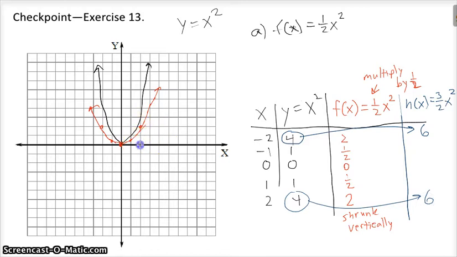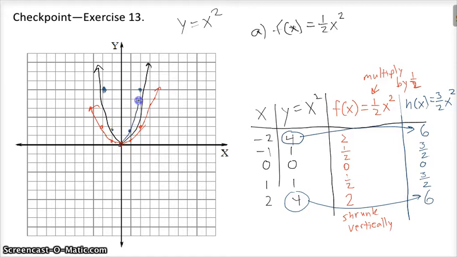So at 2, it's going to go all the way up to 6, as it is with negative 2. And I'm going to do the exact same thing with 1 and negative 1. I'm going to times those both by 3 halves, and I get 3 halves. And lastly, I times this 0 coordinate for y by 0. I still get 0.